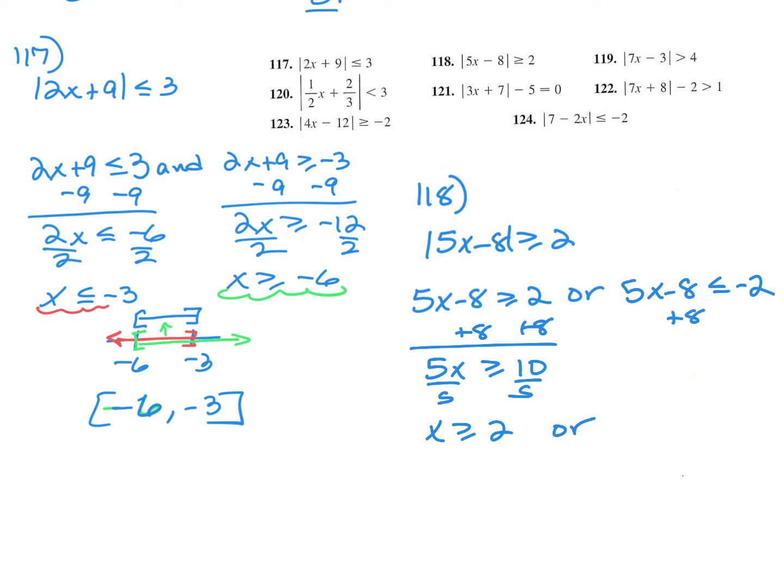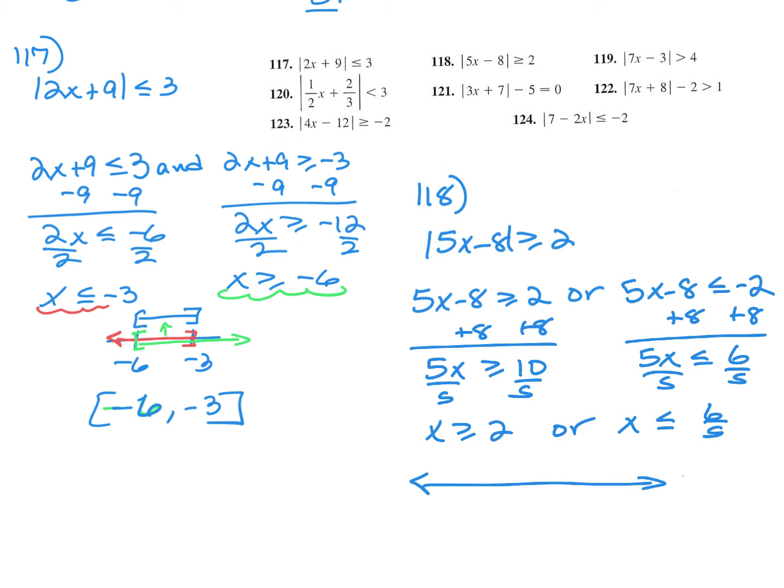Or, and let me finish this side. And then we have x is less than or equal to 6 over 5. So again, on your number line, 6 over 5 is like 1 1/5. So put the 6 over 5 here and the 2 here.